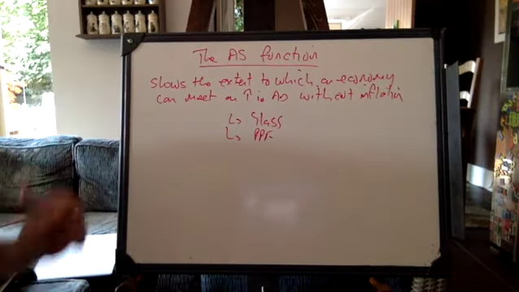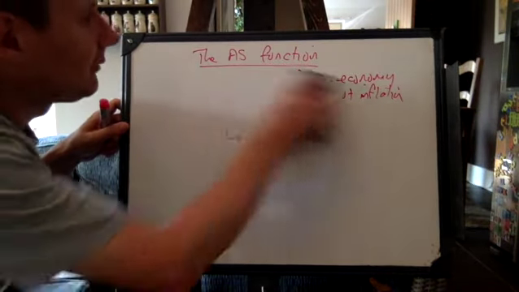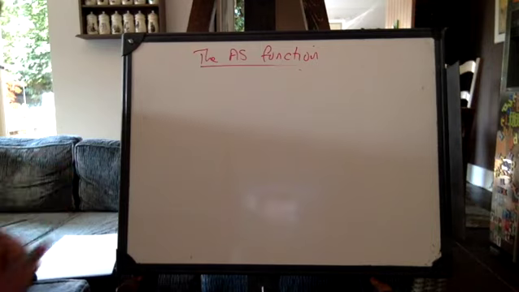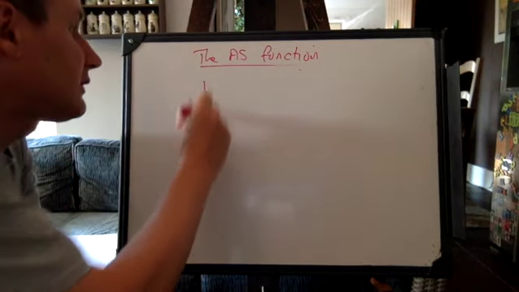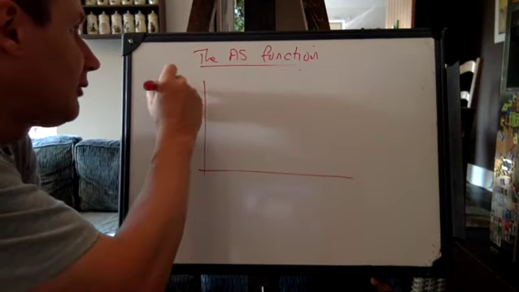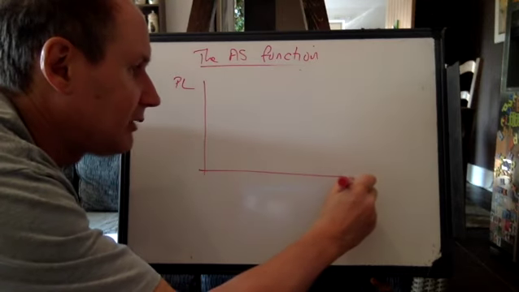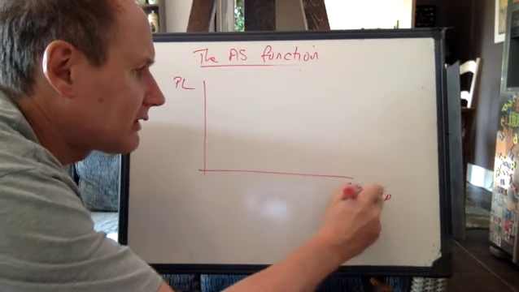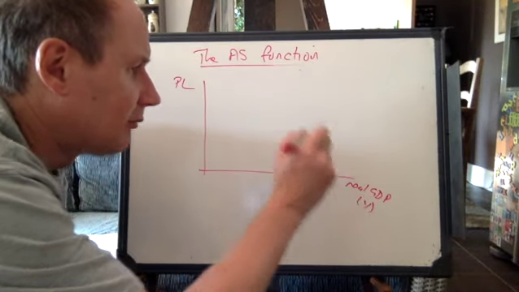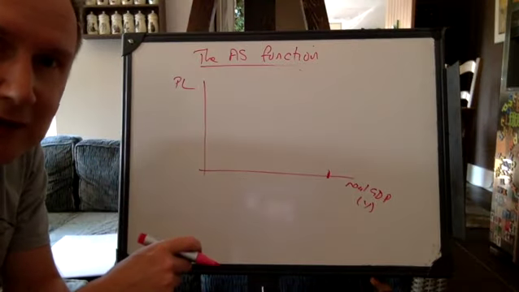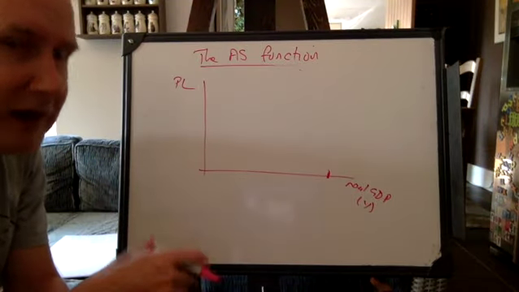So if we take our axes that we had before, here we have the price level, here we have real GDP. We know that there must be some sort of limit to how much the economy can produce.